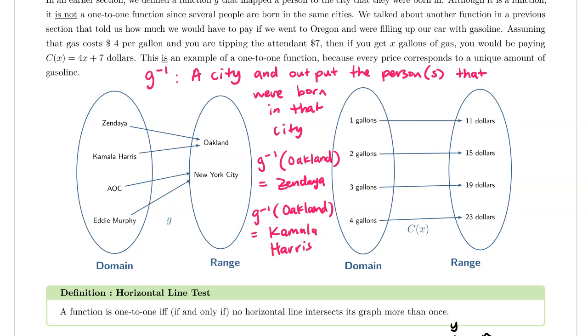But that would defy the definition of what a function is, because we can't have a single input mapping to multiple different outputs. So this is essentially answering the question: if a function is not one-to-one, then it cannot have an inverse function because of the definition of a function.